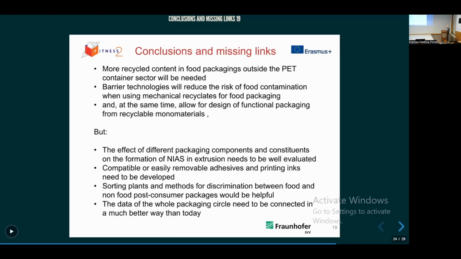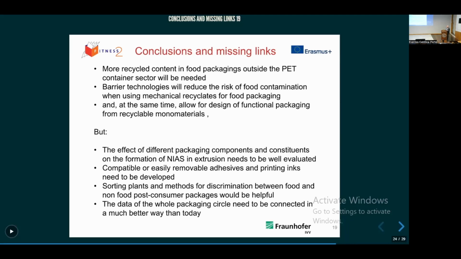But we still know by far not enough about the constituents of packagings and their evolution and their reactions in the whole process chain, including the recycling, to really understand what is happening there.